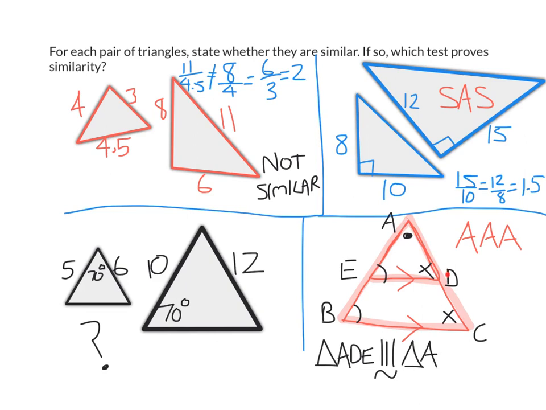But because I wrote D second in the smaller triangle, when I'm writing the larger triangle, I need to write the vertex that corresponds to D, and that's C. I can tell because they have the same angles there. So D corresponds to C and E corresponds to B. I need to write them in this order so that the first two vertices correspond, as do the second two and the third two.